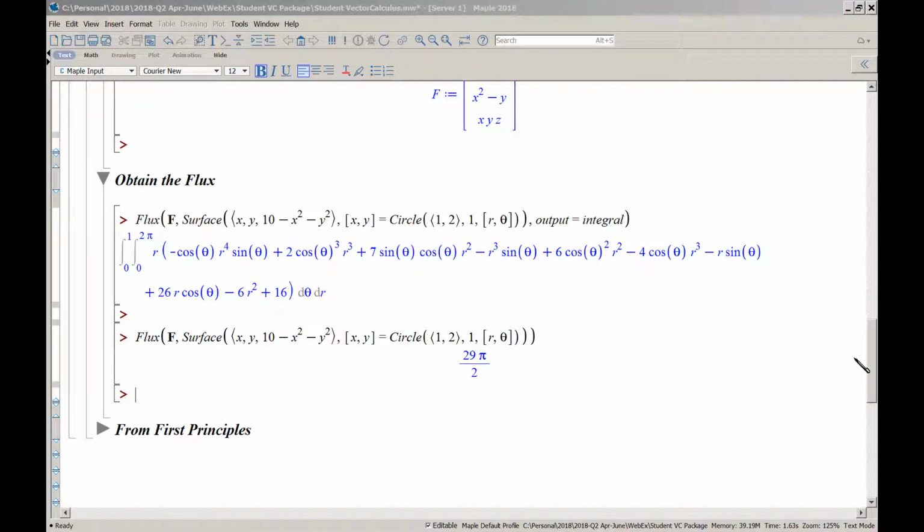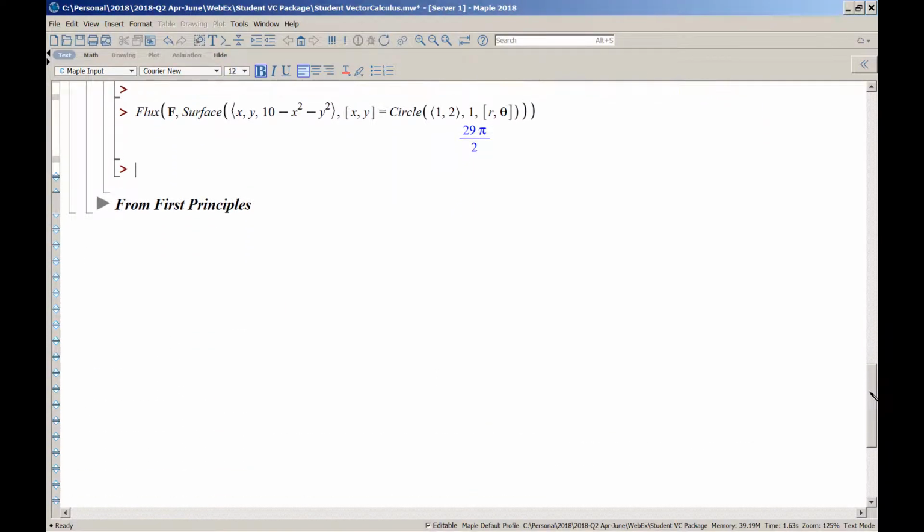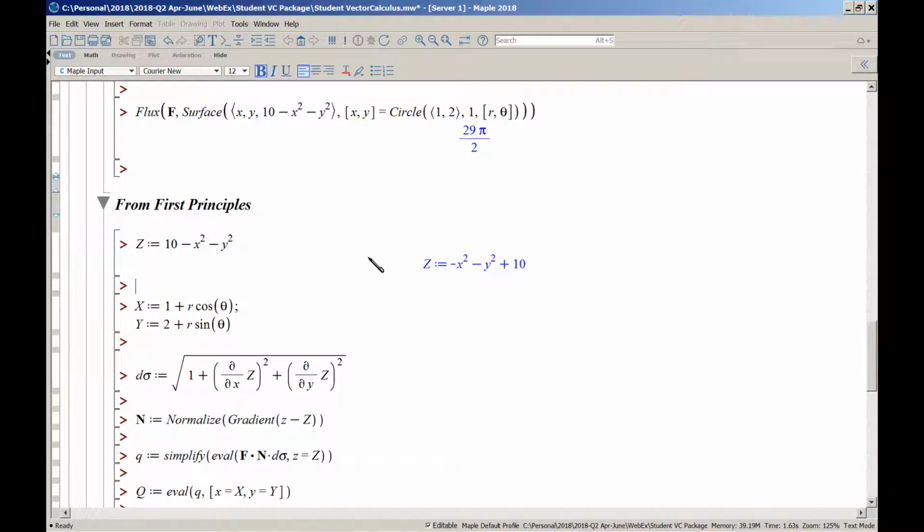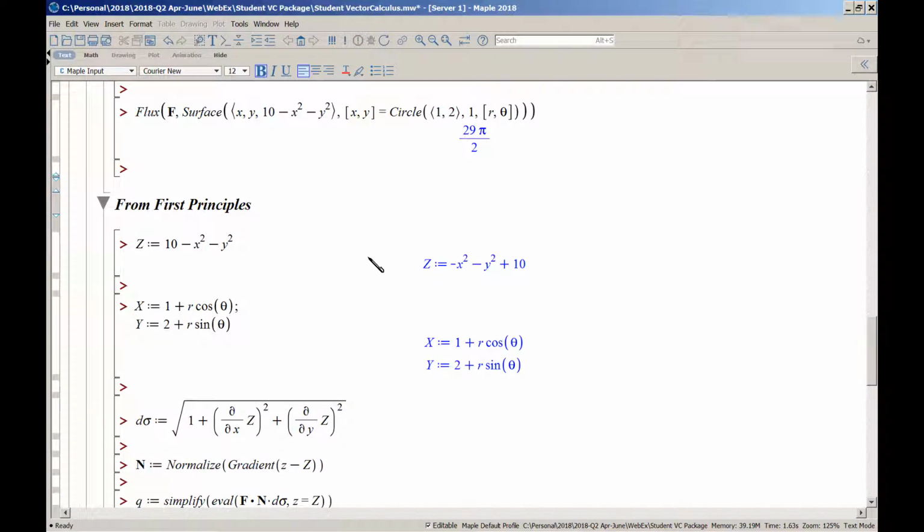Finally, if you wanted to implement that flux integral from first principles, you might do something like this. You would define z of x and y, that's giving you the surface. Define the disk in polar coordinates, 1 plus r cos theta, 2 plus r sine theta. Then you would need the sigma, the element of surface area.